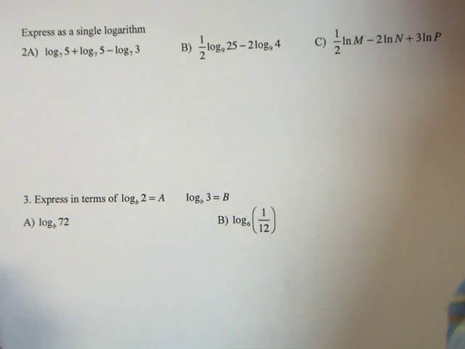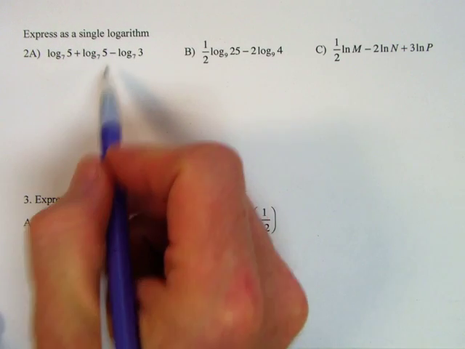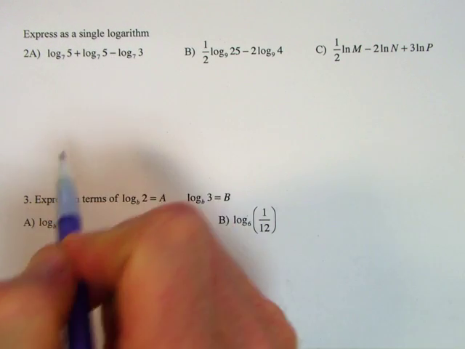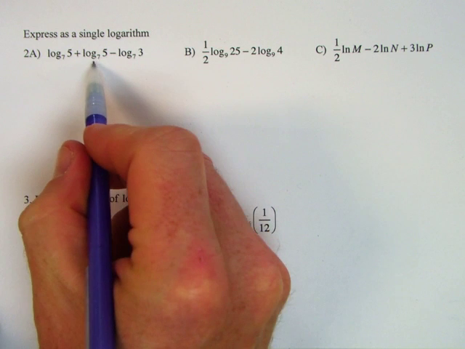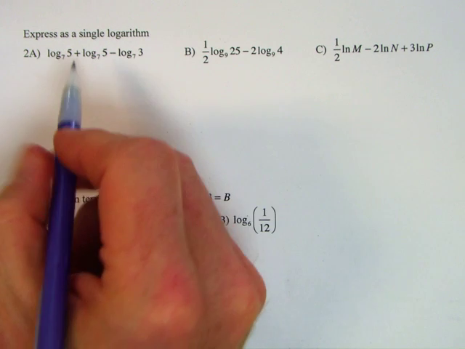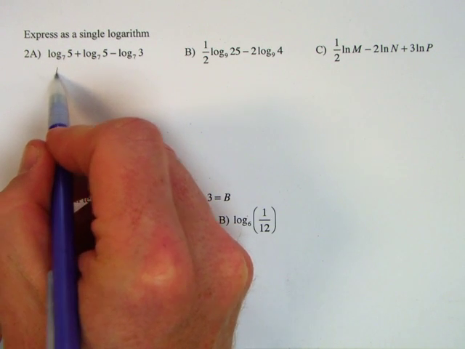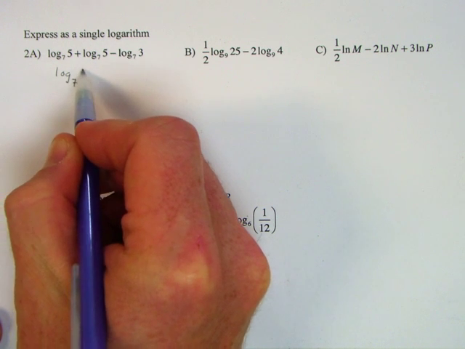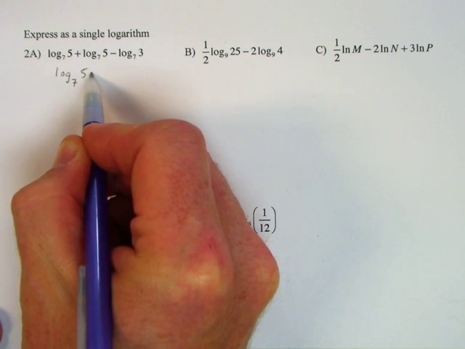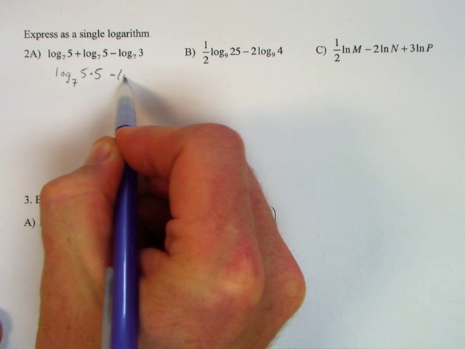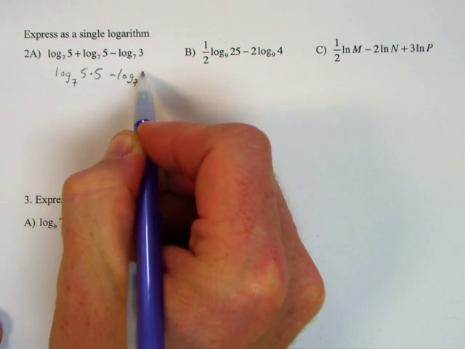On the first one, what we're going to do is just simplify. Now you have to be careful about these kinds of things, especially with these negatives. And this first one's not as bad as the third one there. We can do this in stages. Log base 7 of 5 times 5 minus log base 7 of 3.